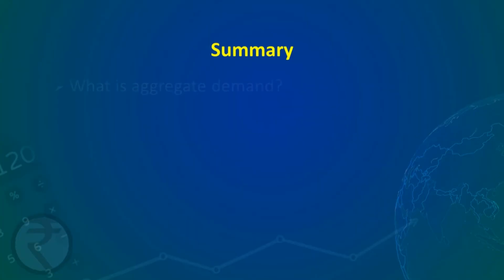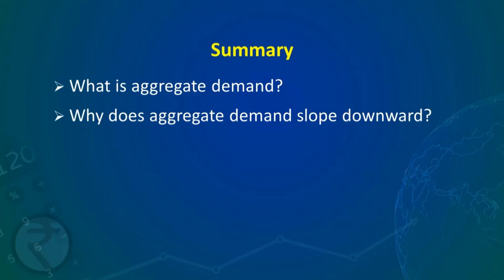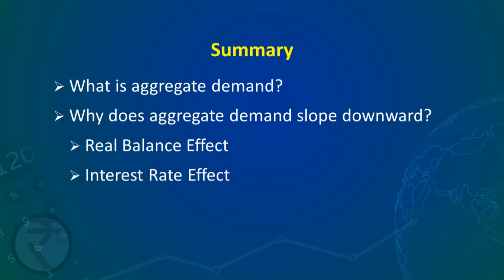So dear students, in this lecture we have seen what is aggregate demand and why does it slope downward, why we buy more at lower prices and less at higher prices, and the reasons were real balance effect, interest rate effect and international trade effect.